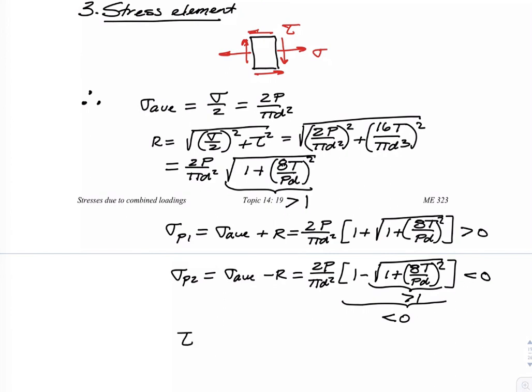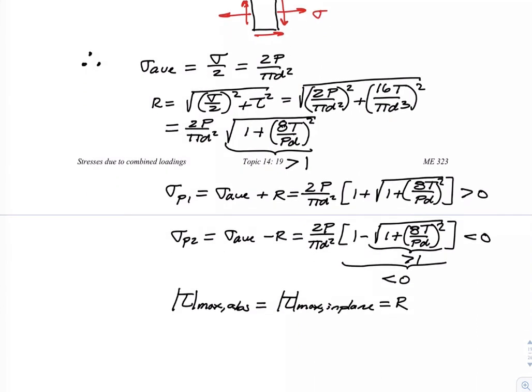We also know that tau max absolute is going to be tau max in-plane, and that's equal to R. The reason we know that is because our sigma P1 and sigma P2 are of opposite sign.